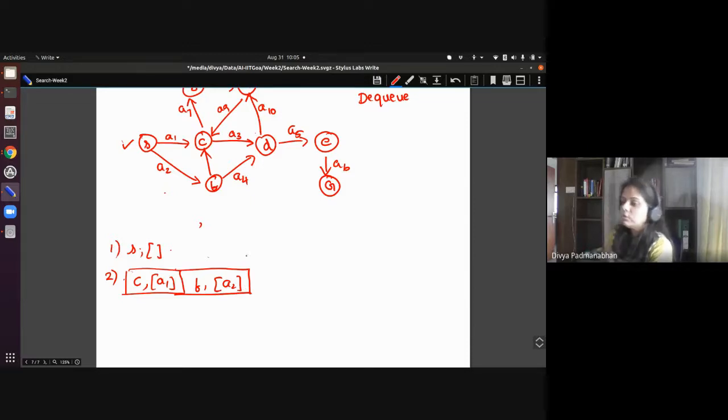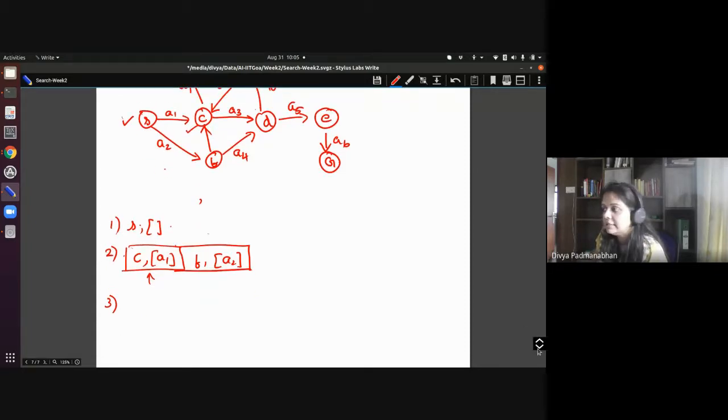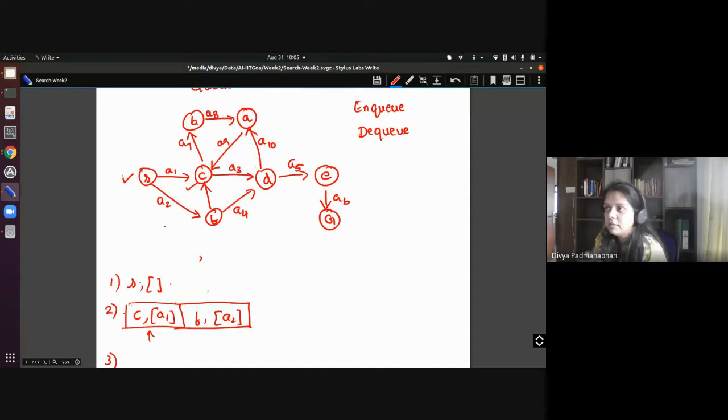Now you're removing something from here. The first entry gets removed and you mark it as visited. What are its children? You have B, and this is not a child because it has an inward arrow.